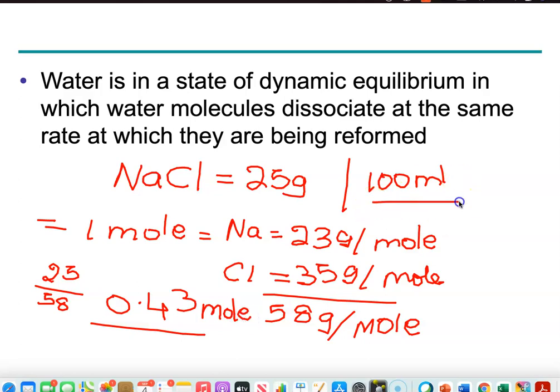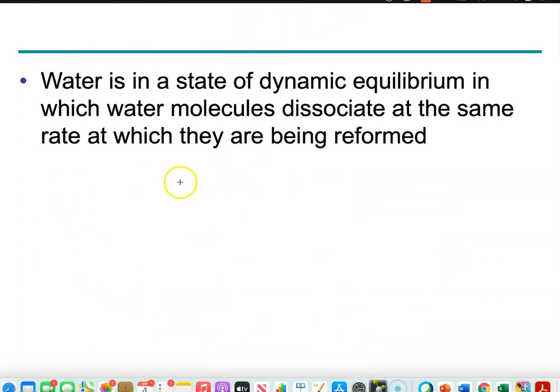I have 100 ml of water, which is 0.1 liters. Divided by 0.1, the molarity here is 4.3, right? 4.3 moles per liter.